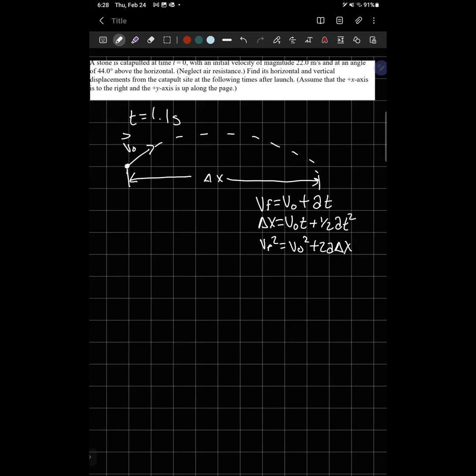So this is a two-dimensional motion problem. For all motion problems, I suggest setting up an X and a Y. For those of you who have been showing up to my sessions, you've seen me do this before. Essentially my columns are my dimensions, and then my rows are my givens or important values.